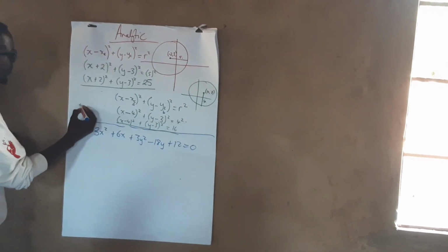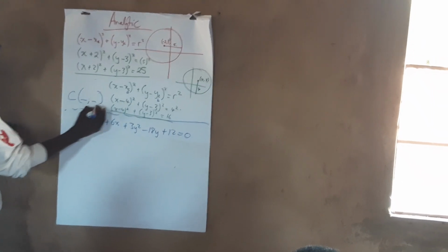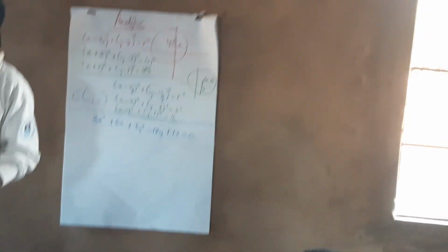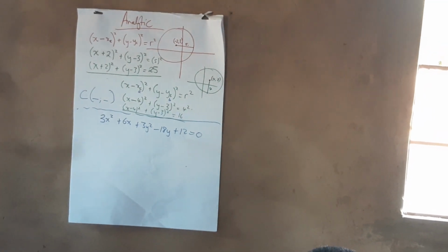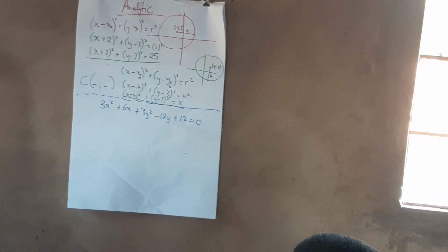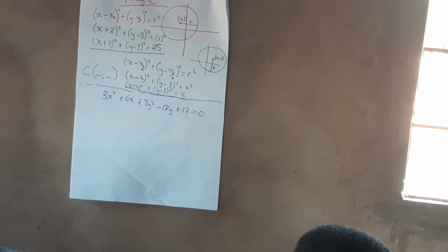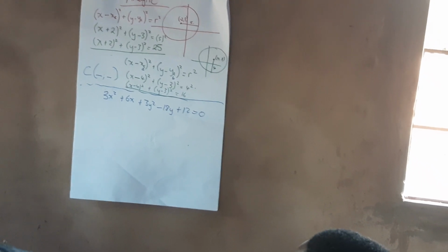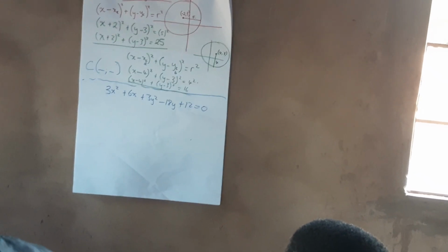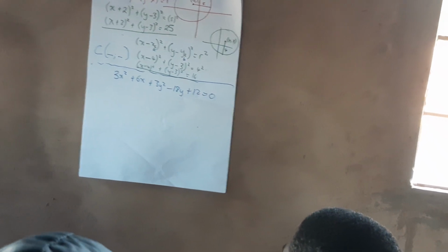So we are looking for the center point of this circle. Here the 12 moves to that side, and when it moves, we go back to the squares, which means there are two brackets: the 3x squared plus 6x is for one bracket, and the other is squared.